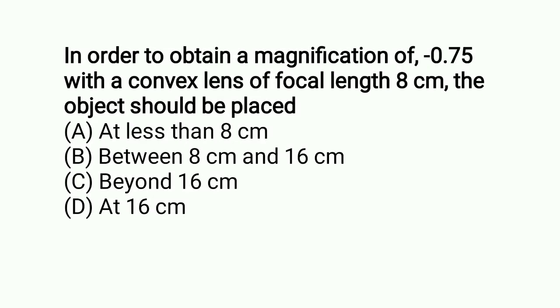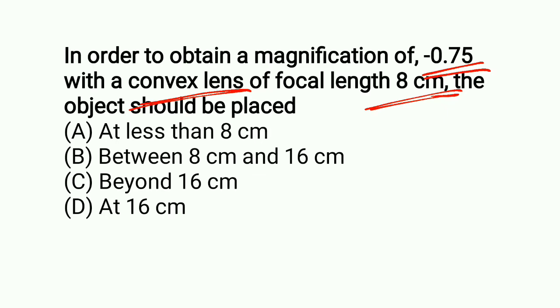Next question. In order to obtain a magnification of -0.75 with a convex lens of focal length 8 centimeter, where should the object be placed? Magnification of -0.75 means the image is diminished, since less than 1 means it is diminished.